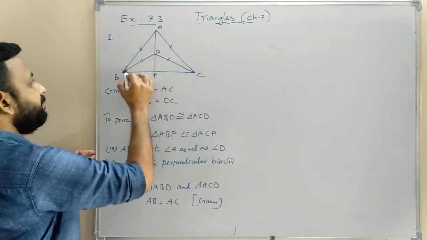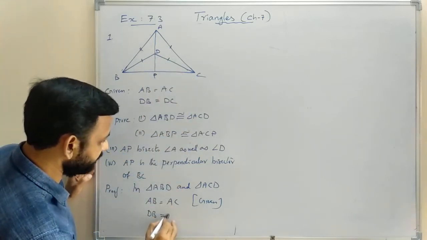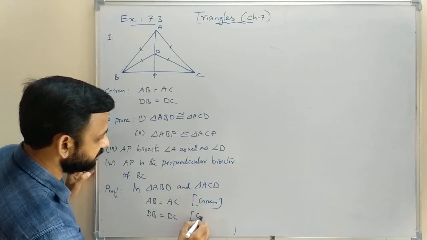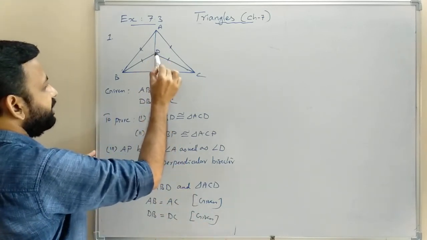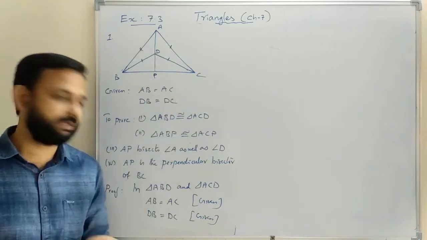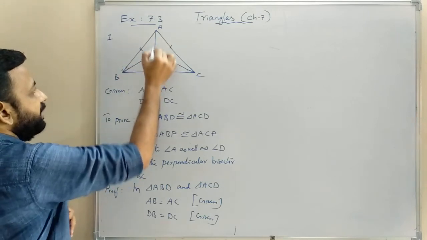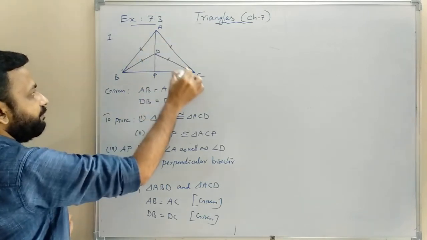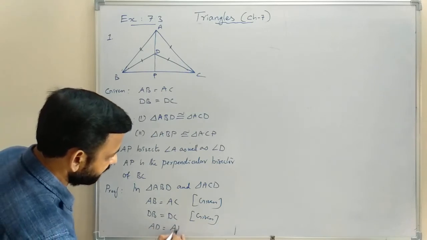Then DB equal to DC, reason given, because this triangle is an isosceles triangle. Now side AD of triangle ABD equal to AD of triangle ACD. AD equal to AD, reason common.